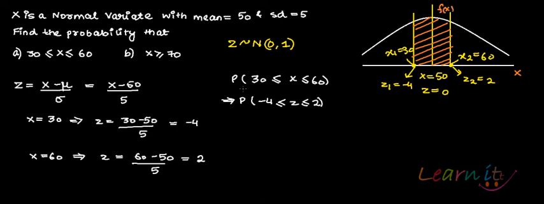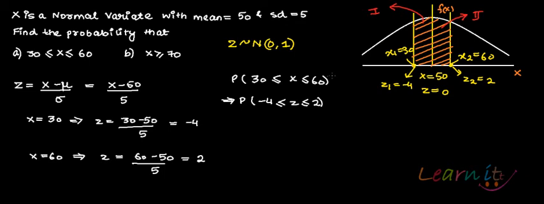And how do we do this? First of all, from 30 to 50, this is the first region, and this one is the second region.